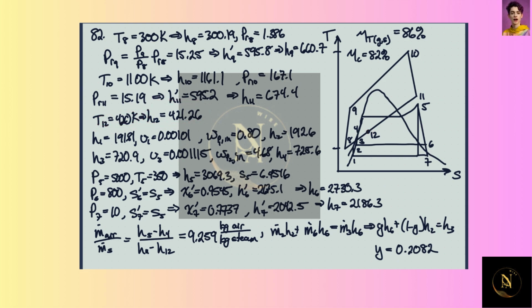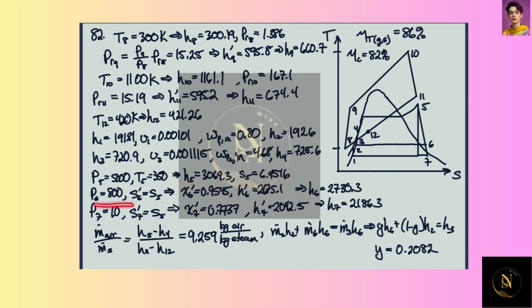Now, onto the steam side. Again, we can figure out the work into the pump and then the enthalpy coming out of the pump, as we've all been doing many times. And then again, the second pump, we can find the enthalpy and the specific volume, get the work put in by the second pump, and then get the enthalpy at 4. We know the pressure and temperature at 5 is 5 megapascals and 350 degrees C, so we can get the enthalpy and entropy.